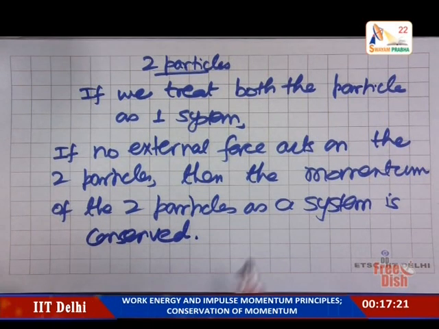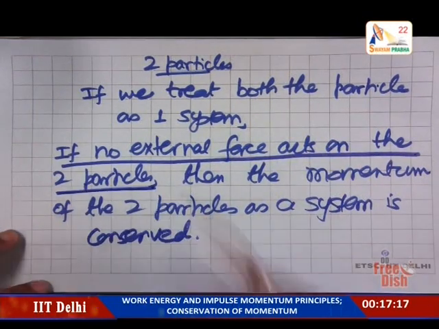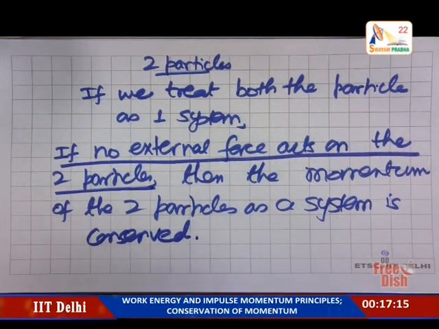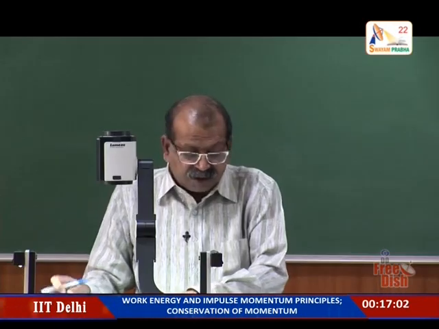So, first I have stated this principle: if no external force acts on the two particles. Now, by external force, I mean force which is external to 1 and 2. So, we will just show how this works, but the principle says then the momentum of both these particles together as a system is conserved.